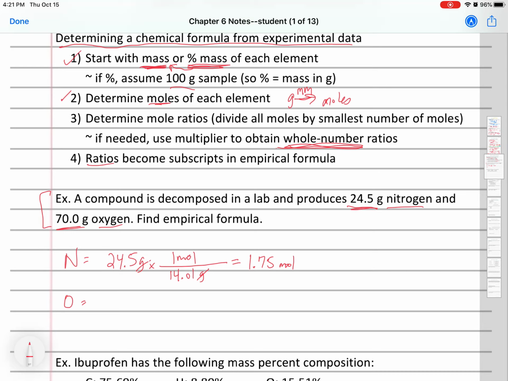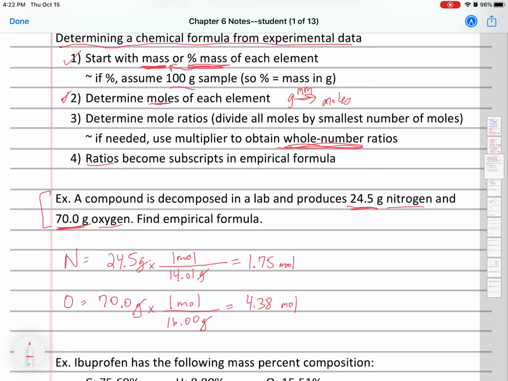All right, now for oxygen. The mass of oxygen that we have is 70.0 grams. We need to determine the number of moles by dividing by the molar mass of oxygen, which according to the periodic table is 16.0 grams per mole. Grams cancel out, and we end up with 4.38 moles of oxygen.